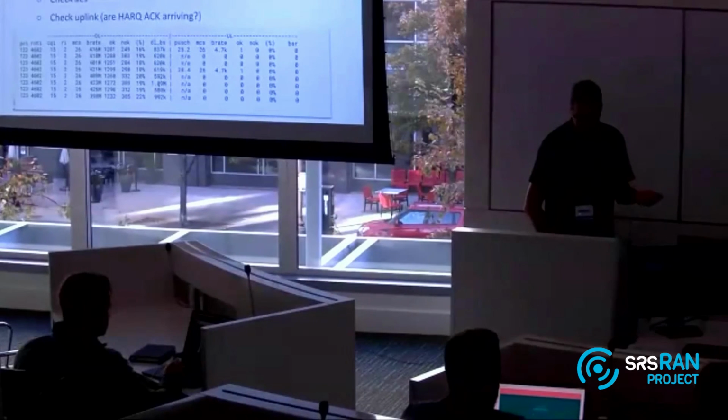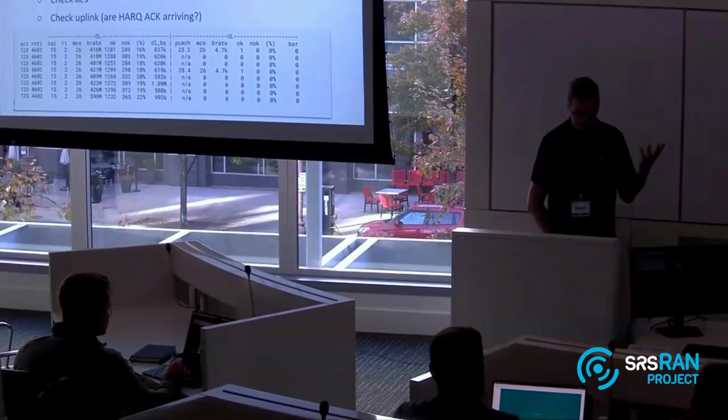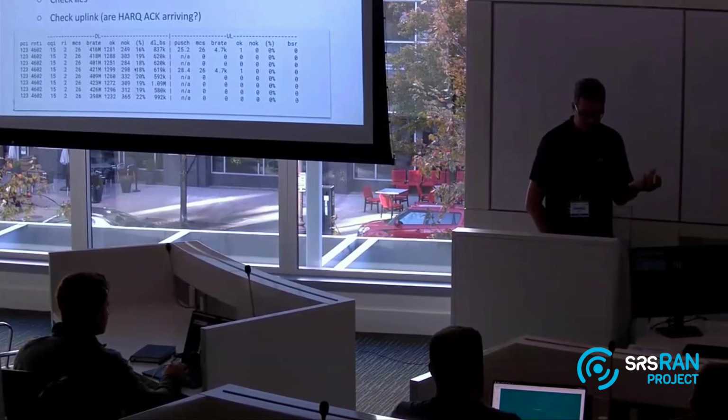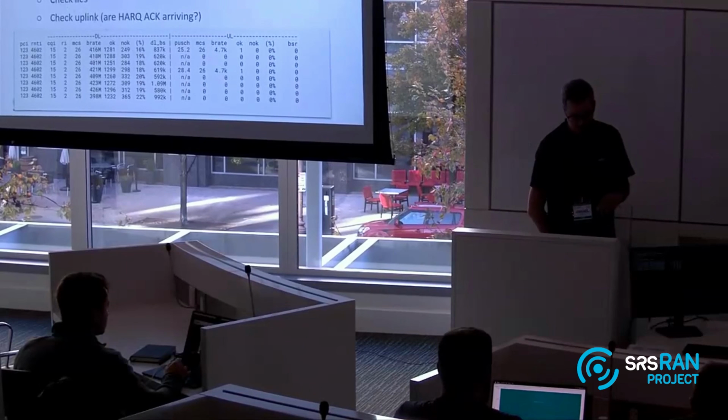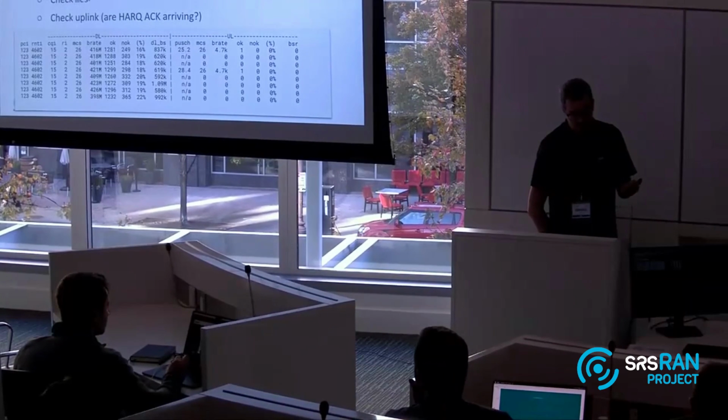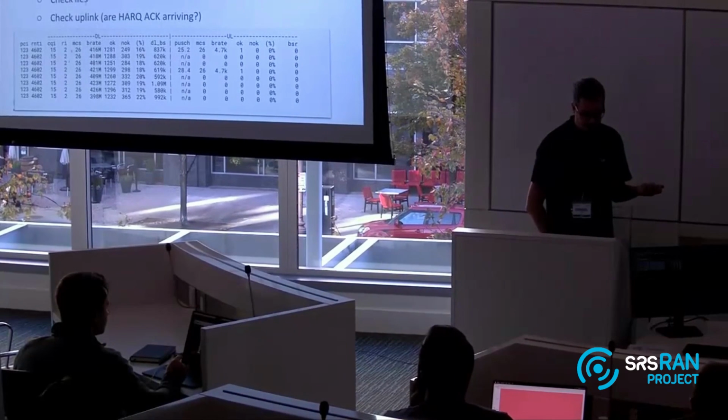If you see, like in this case, a high downlink BS, that means that the traffic is arriving to the scheduler. But why is my bit rate so low? Check the BLER. In this case, yes, the BLER is a bit high, so there is some problem there with the BLER. Check the MCS and the SINR here.